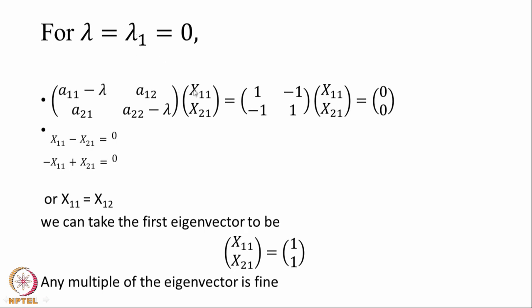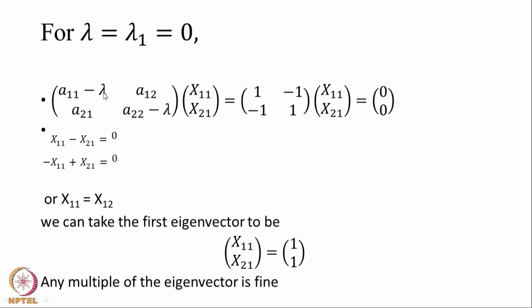For lambda 1, this is my eigenvector x11 and x21. For lambda equal to lambda 2, I shall use x12 and x22, because the second label in my column vector here represents which lambda it corresponds to. So since there are several lambdas, I need the second index in this column.